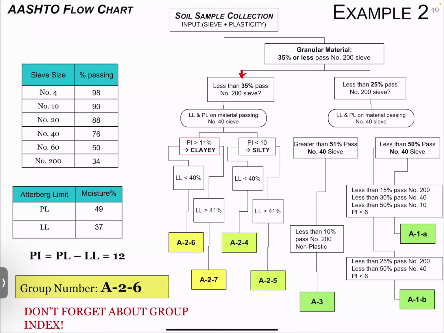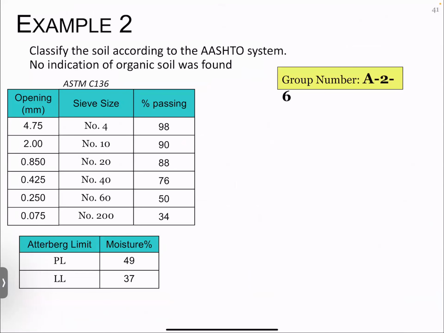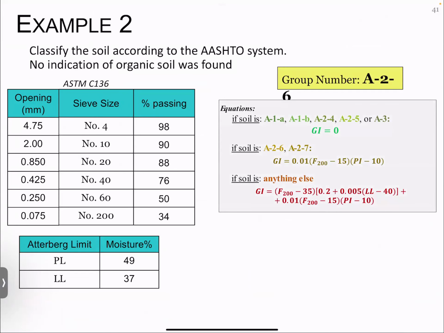Now, when we have an A-2-6, we still have to calculate the group number, or the group index. So with that group index, we have to make sure we're choosing the right one. So we're going to be doing 0.01 times F200. This F200 is the percentage passing the 200, or the fine fraction, and this is in percentage format, which can be a little confusing.